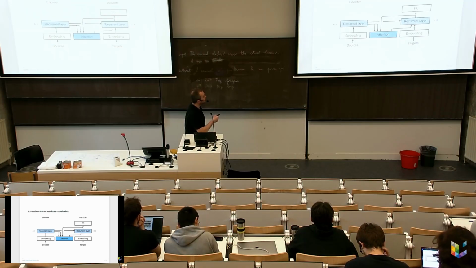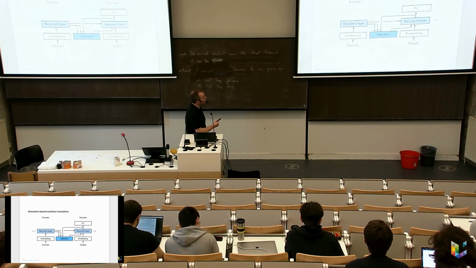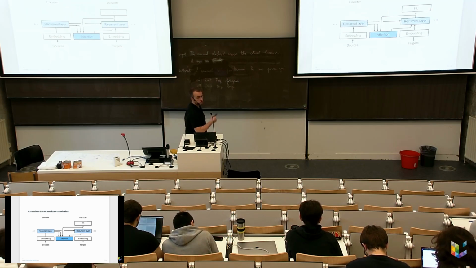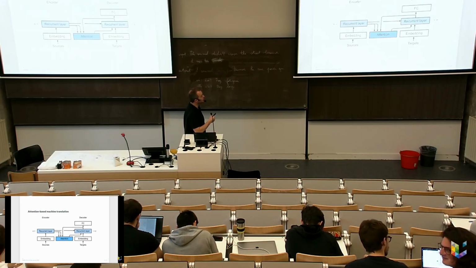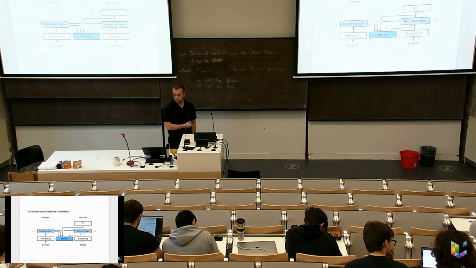So we'll still have a first recurrent neural network taking as input a sequence of tokens. But what will be different now is that when we run the decoder neural network, instead of just passing the vector produced by the encoder, what we'll use instead is a vector which is recomputed at every step through this attention mechanism.